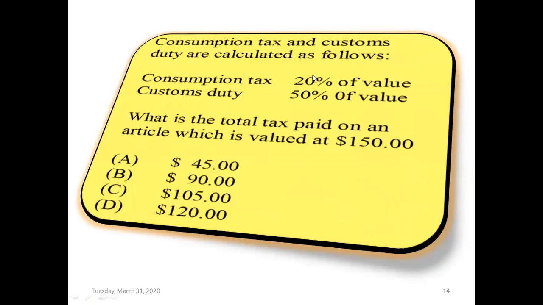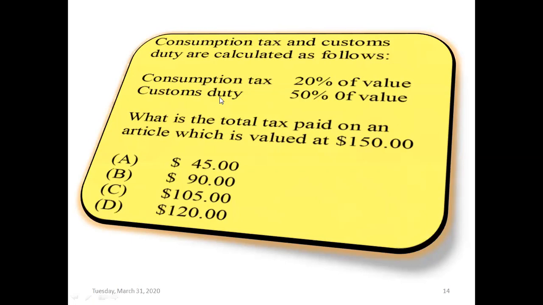All right, so what I would do is say you have two types of tax. Consumption tax is a type of tax. Customs duty is also a type of tax. Customs duty is when you're clearing goods off of the wharf. The article has a value of $150, and they're asking what is the total tax paid.